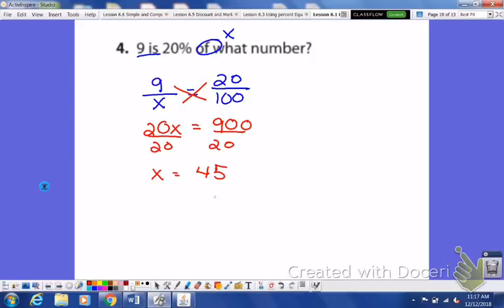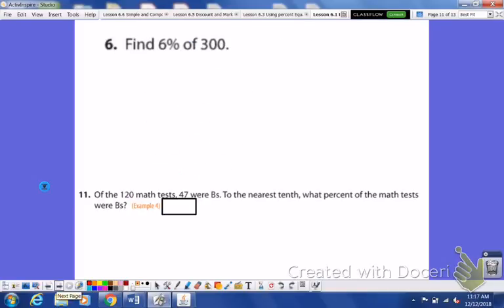So we've done a find the percent, we've done a find the part. Now this last one: find 6% of 300. So we have our "of," that's our whole. So there's your denominator. We have our percent. We know it's over 100, so what are we looking for?